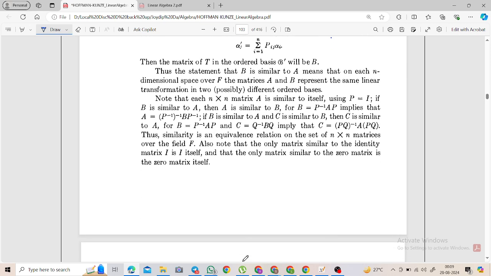Now see, this similarity is an equivalence relation. Okay, this is transitive, symmetric, and reflexive. Read this paragraph. This relation is written here.